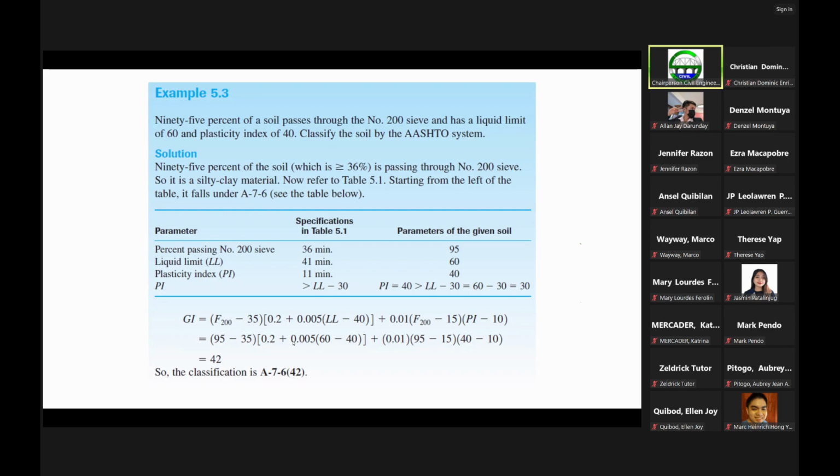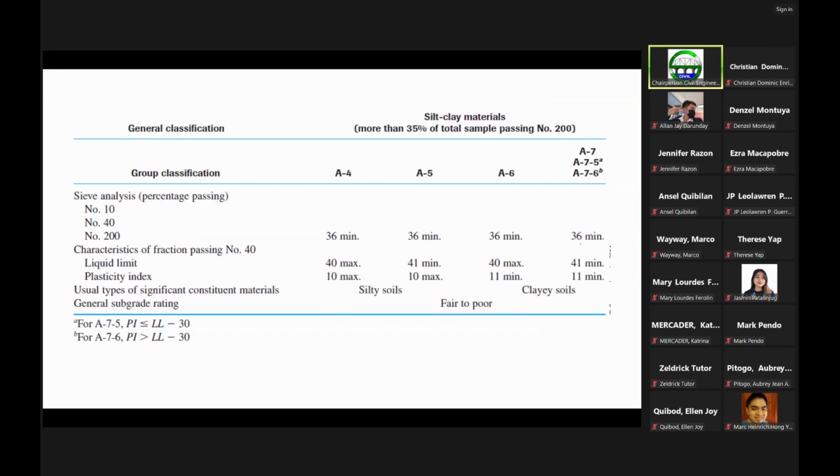Just substitute it here, then you get a value of 42. You put that in the parentheses as your group index. So it has a higher value as compared to 0. This is how we can use the AASHTO classification system.